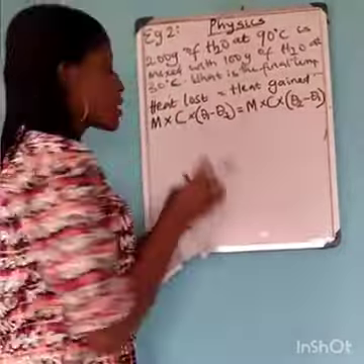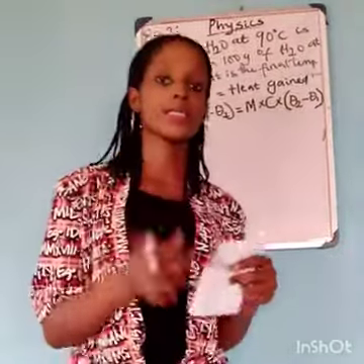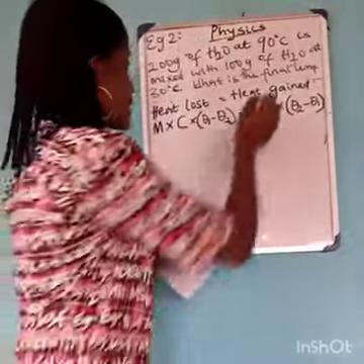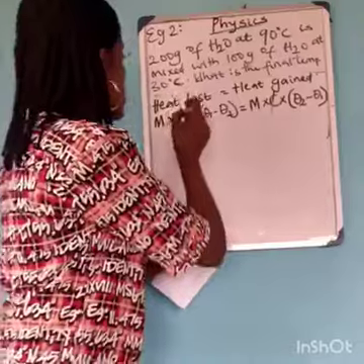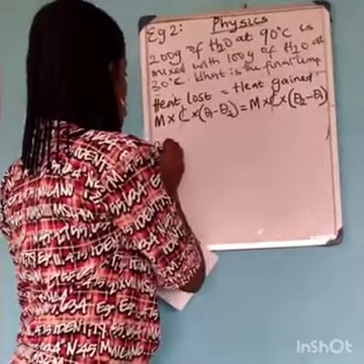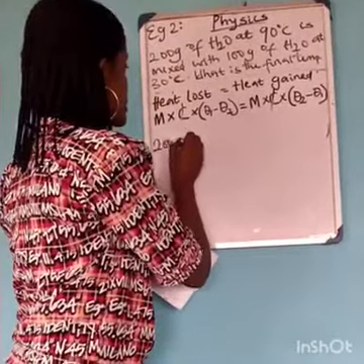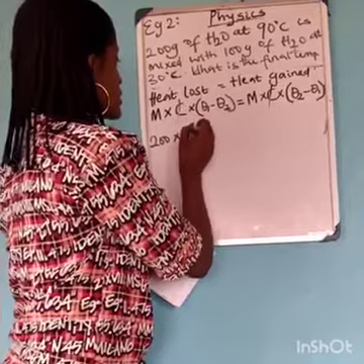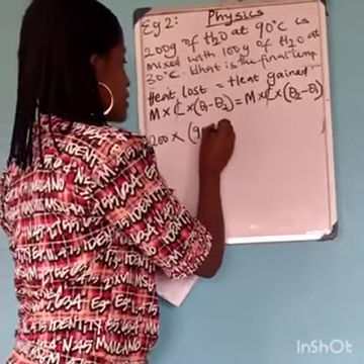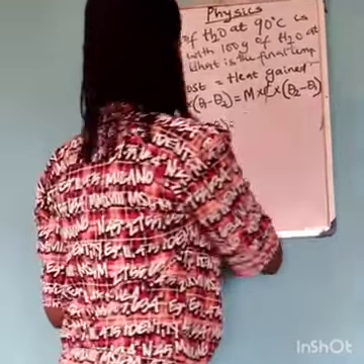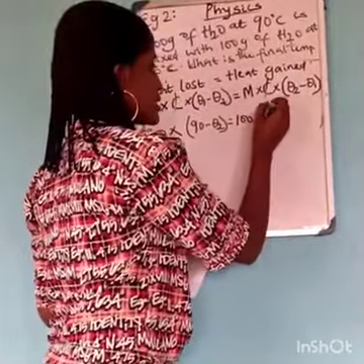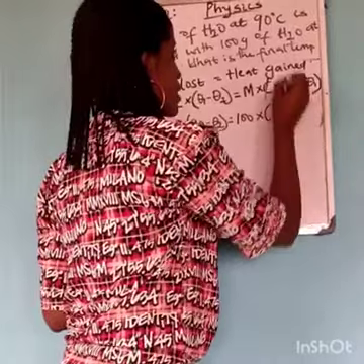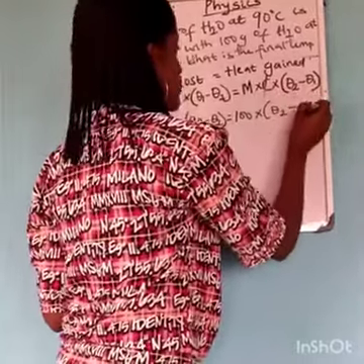Since we are not given the value of the specific heat capacity and it appears on both sides, by knowledge of mathematics, we can easily cancel out these two. So we're left with the mass, which is 200, times theta 1, 90 minus theta 2, which is equal to the mass 100 times theta 2 minus theta 1, which is 30.